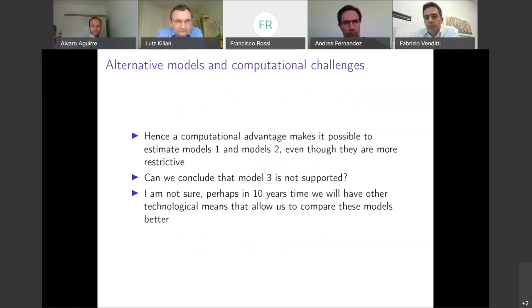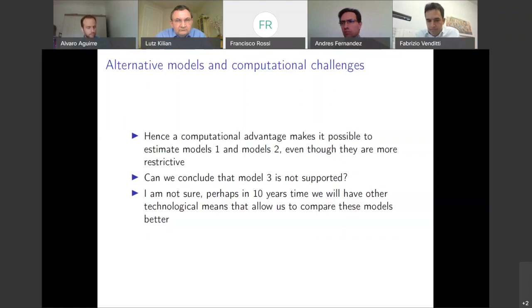So what is the point I want to make? Can we really conclude that Model 3 is not supported by the data? I think this result is really a computational issue. So perhaps in 10 years' time, the 60 billion draws that Lutz was able to do to try and estimate Model 3 will become easily, I don't know, 600 billion or even more, and perhaps more general models will be easier to estimate.